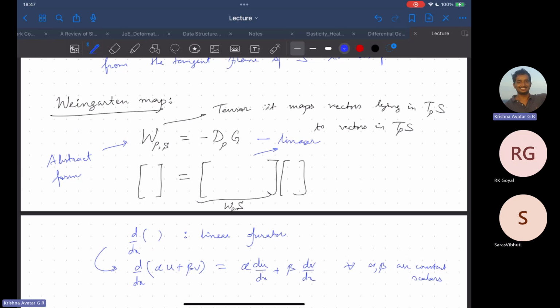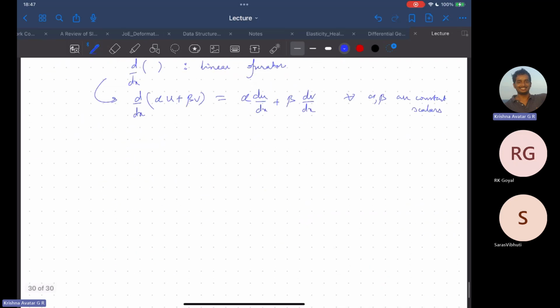However, so far we only have the abstract form. So our goal would be to represent W_p of S in some sort of matrix form.